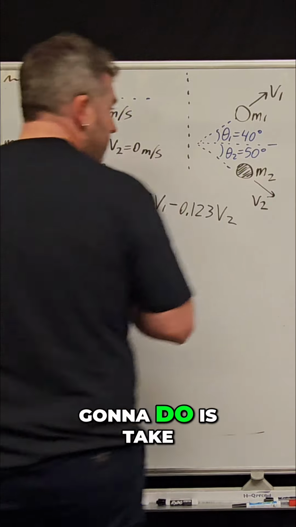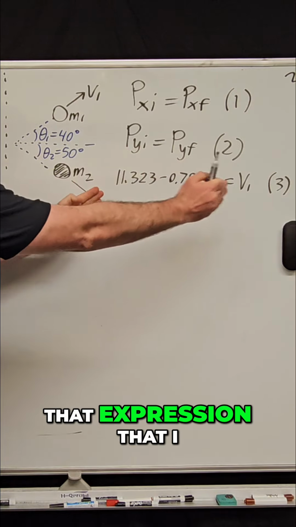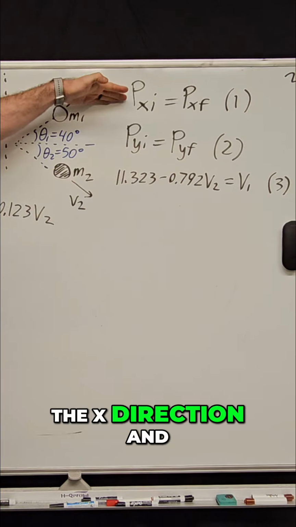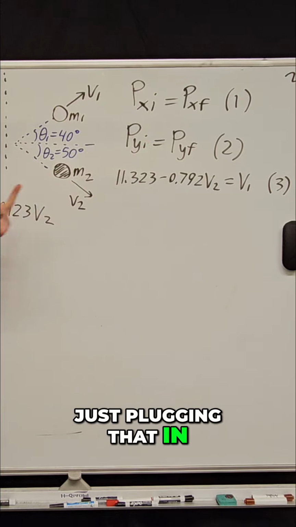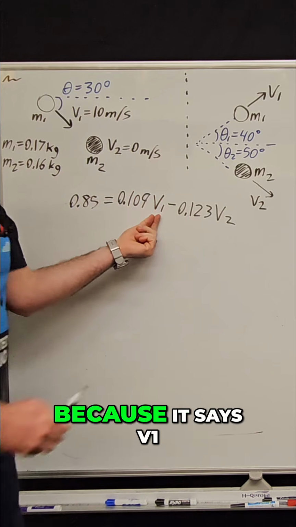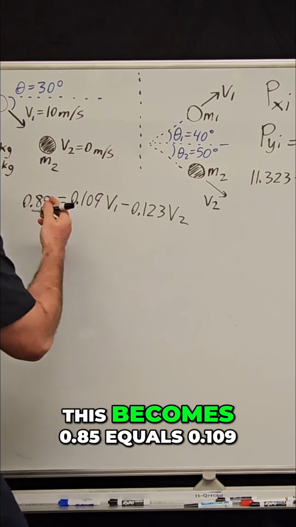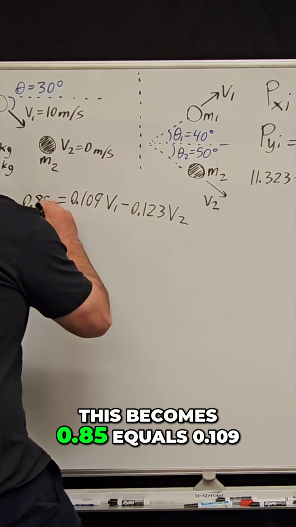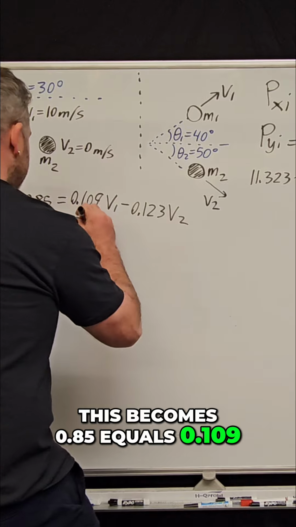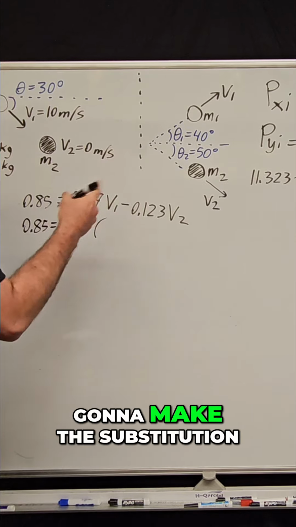So now what we're going to do is take that expression that I derived by looking in the x direction and just plugging that in for my V1 term here, because it says V1 is equal to this. And so all of that can go here. This becomes 0.85 equals 0.109. And then here I'm going to make the substitution.